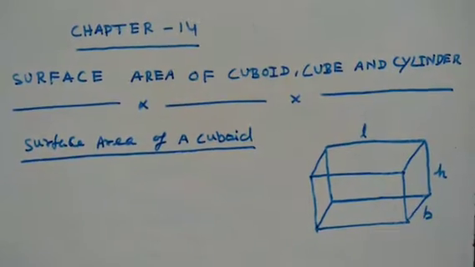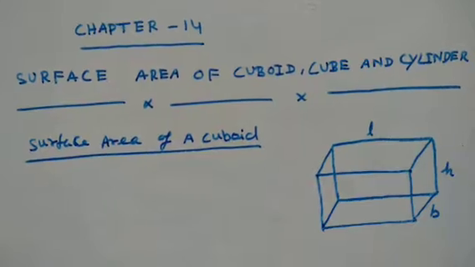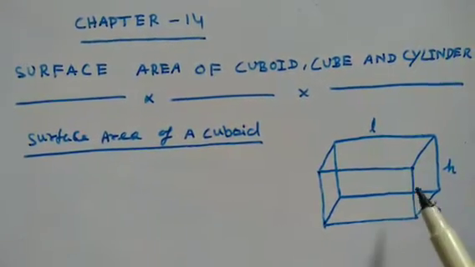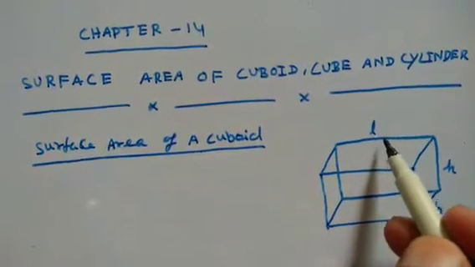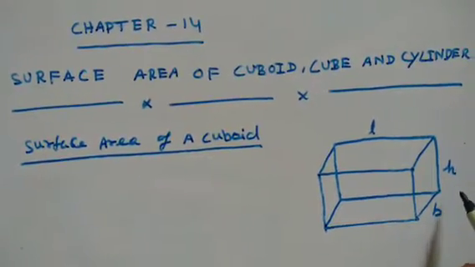First of all, I will discuss the surface area of a cuboid. This is the shape of a cuboid. This is the length, this is the breadth and this is the height of the cuboid.